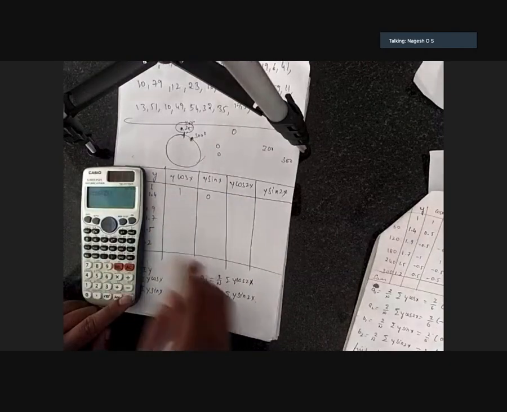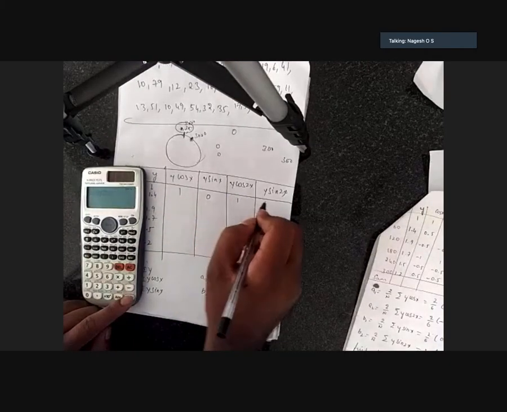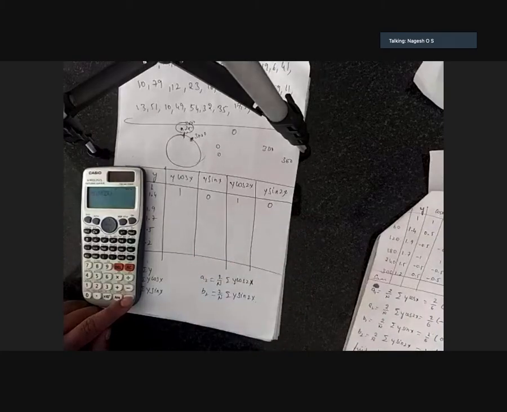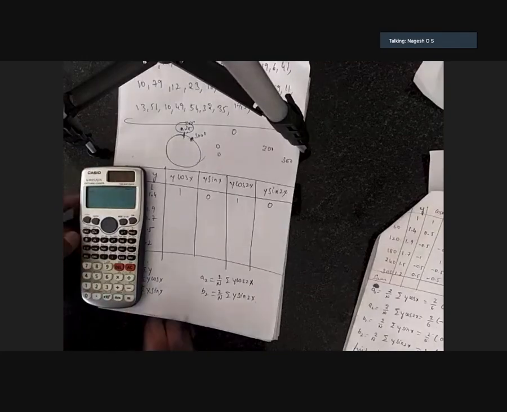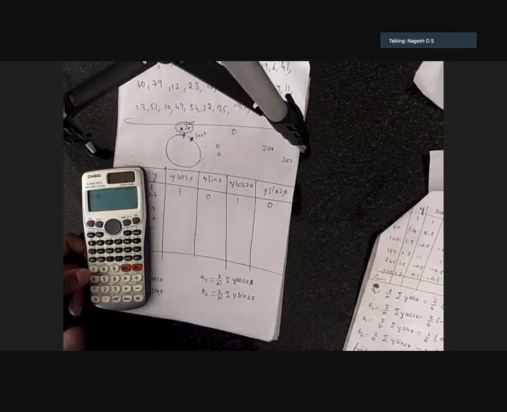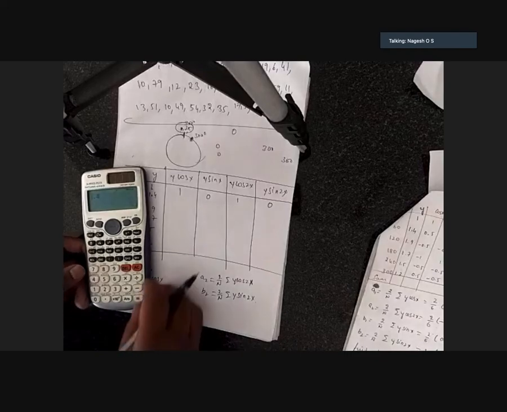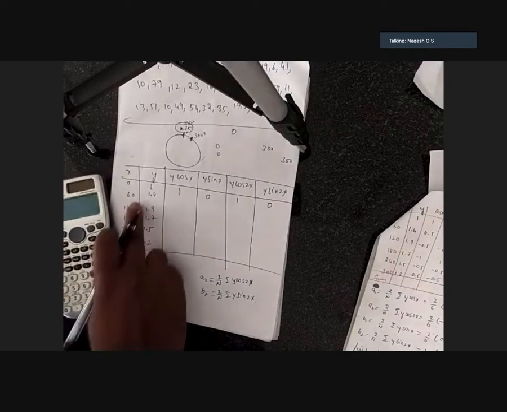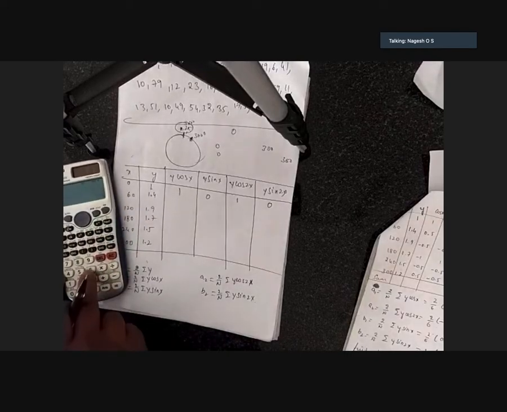Then use equals, y cos 2x as 1, then y sin 2x as 0. Okay, press equals again. It will ask y value again, give 1.4. If it is asking question mark, that means it is asking the value. Then x value, that is 60.